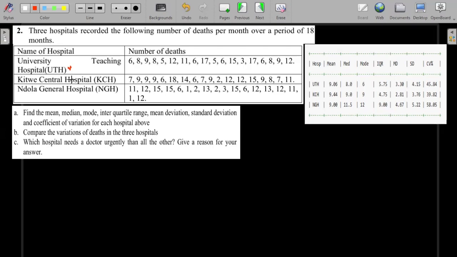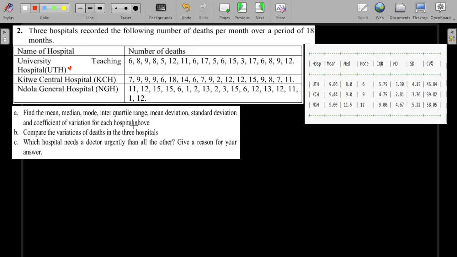Then we have Kitwe Central Hospital, which had the following data. Ndola General Hospital also had this number of deaths for the period of 18 months. Now the question is: find the mean, the median, the mode, the interquartile range, the mean deviation, the standard deviation, and the coefficient of variation for each of the hospitals above.